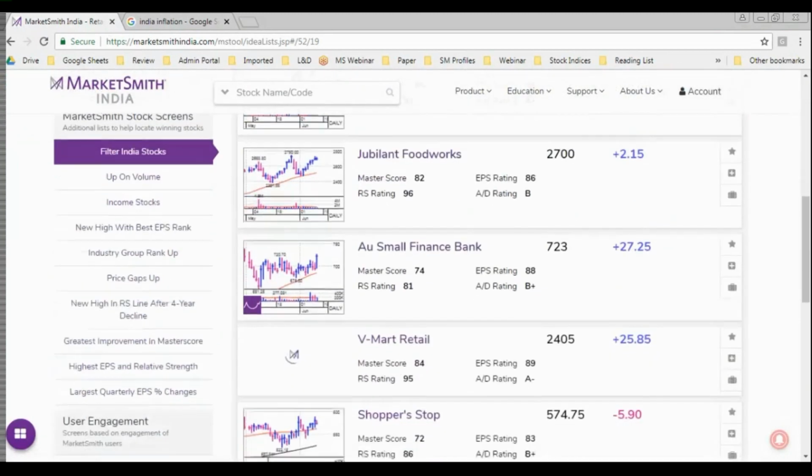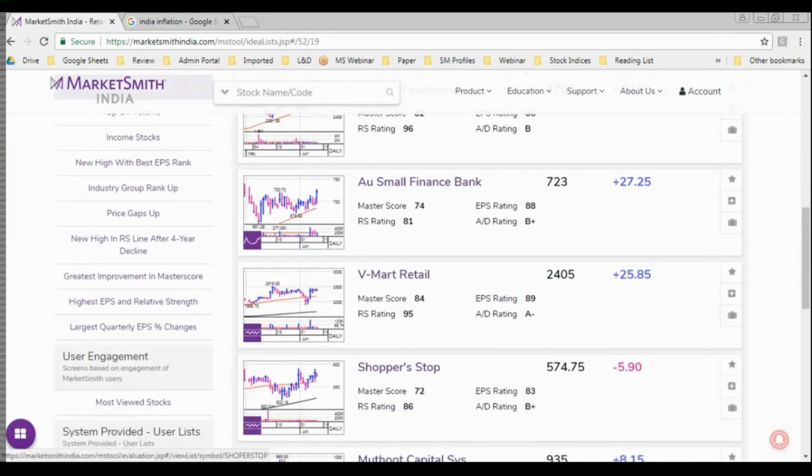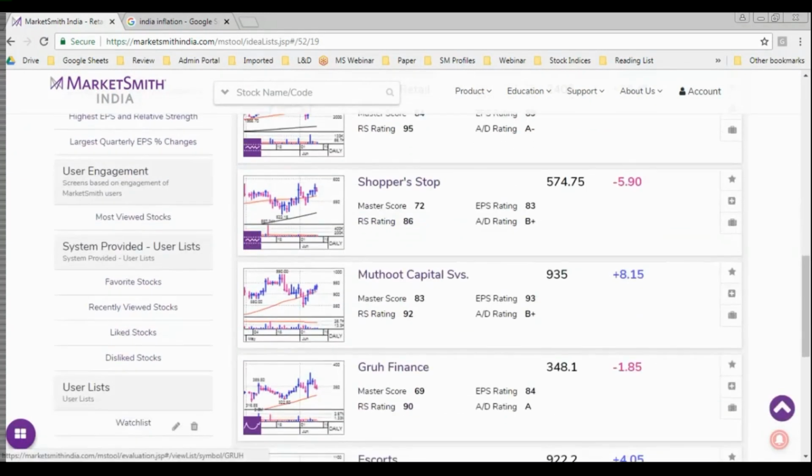Most of the stocks that you will be seeing right now are quite popular in the market, established names, with well proven business models. The reason for that again is that this market is favoring only quality companies.